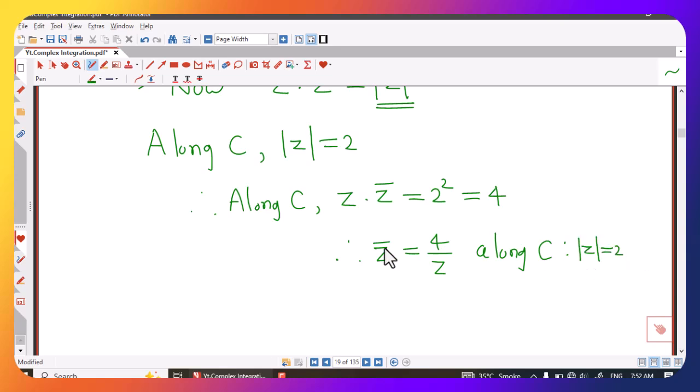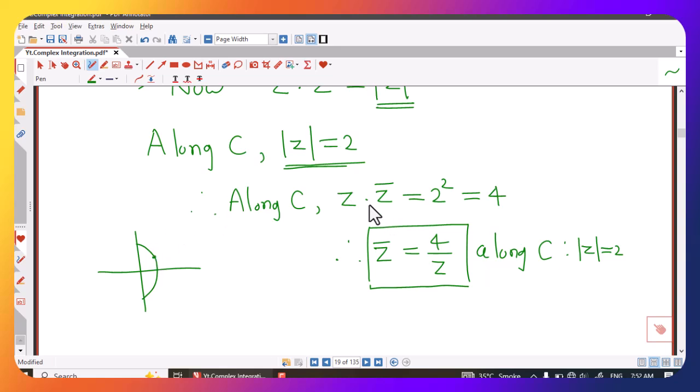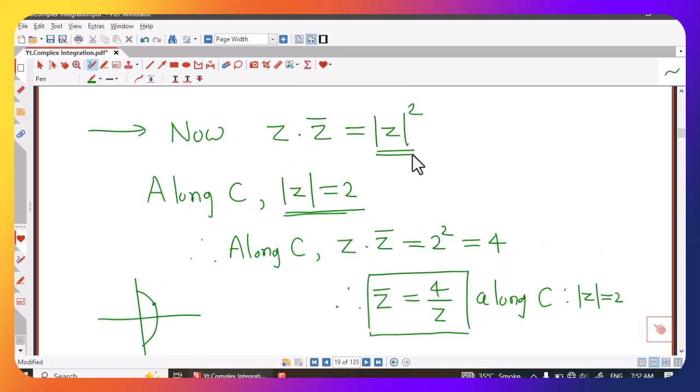Along the given right half of the circle, we know that the circle is mod z equal to 2. So if we take any z on this circle, then the absolute value of that z is 2. Therefore we can replace this mod z by 2 here.